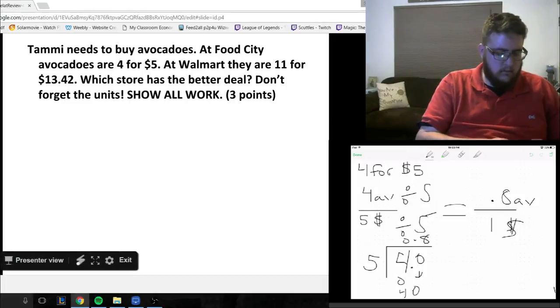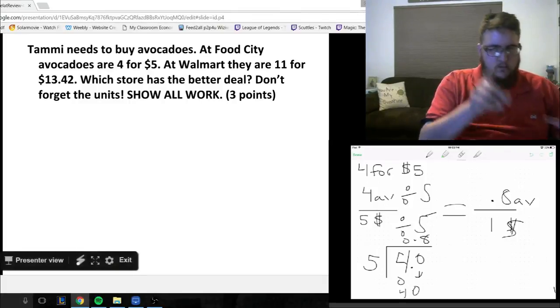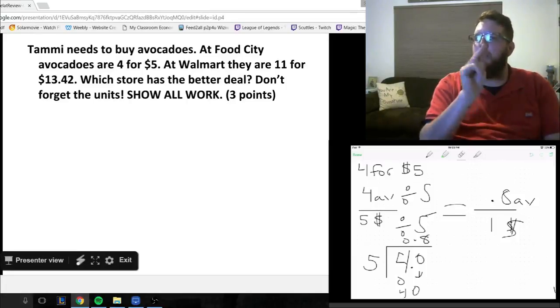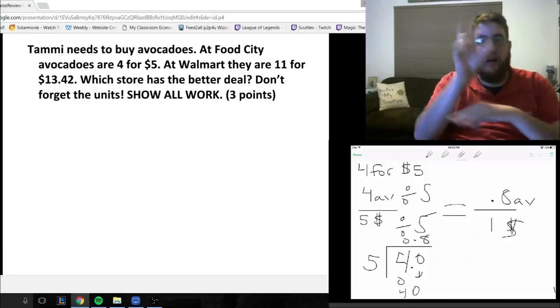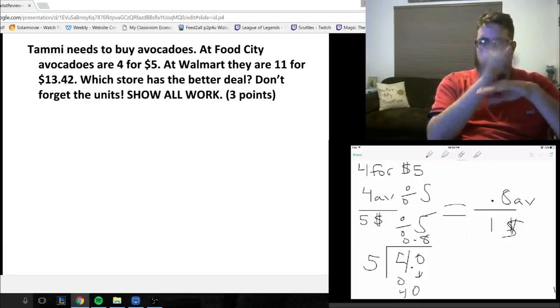And we need to now determine Walmart's unit rate so that we can compare them. While I erase, you can go ahead and start the work for Walmart. And just remember that we set up avocados per dollar.